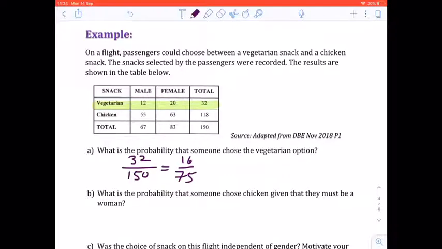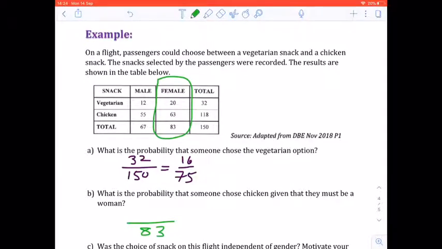What is the probability that someone chose chicken given that they must be a woman? Okay, so that's a particular kind of question. We're getting a kind of limitation here in this question. They're saying that they must be a woman, so we can only focus on the female part of this table. So our denominator is going to be 83.